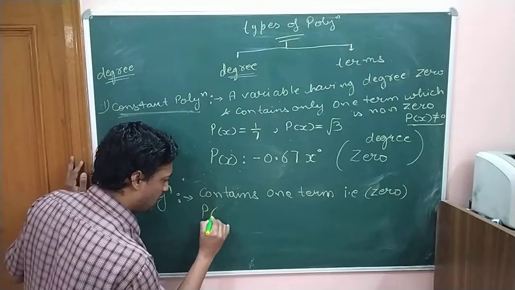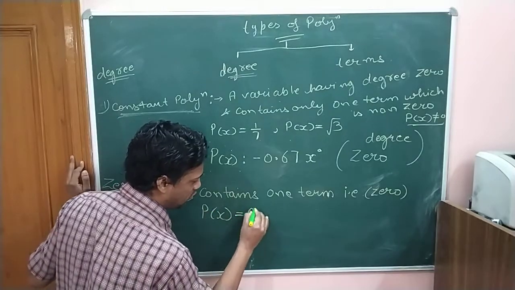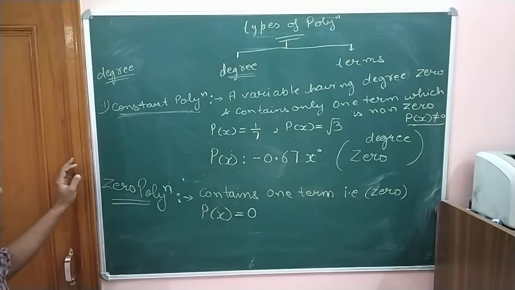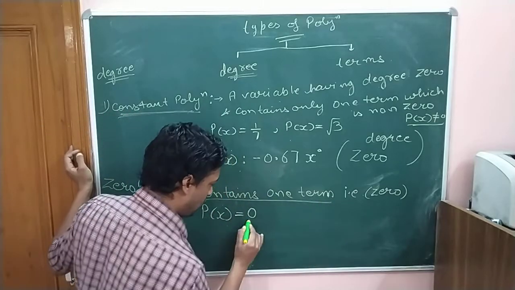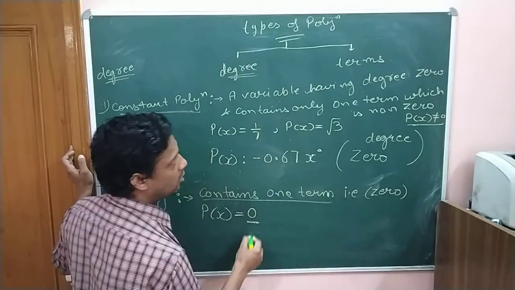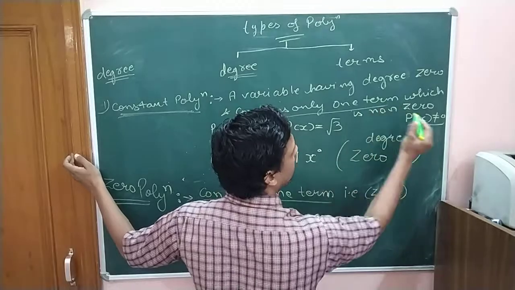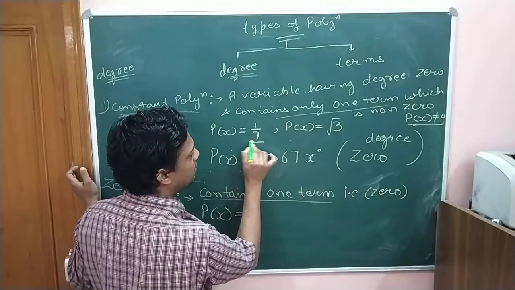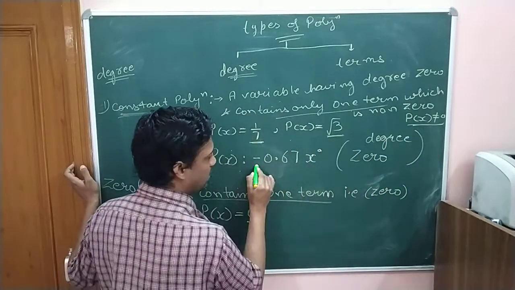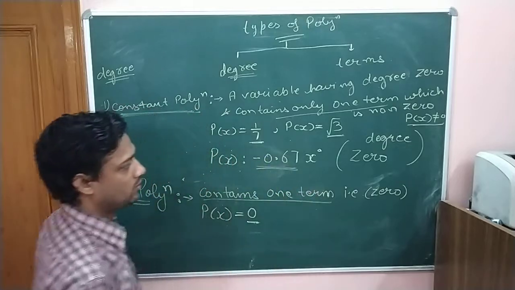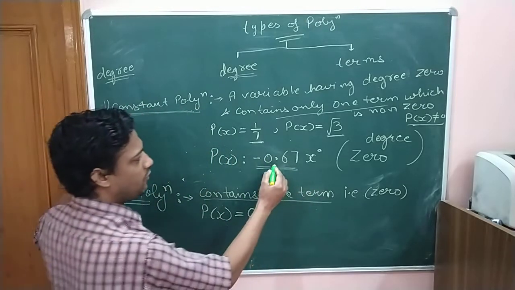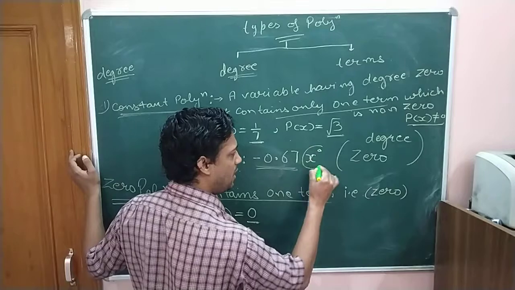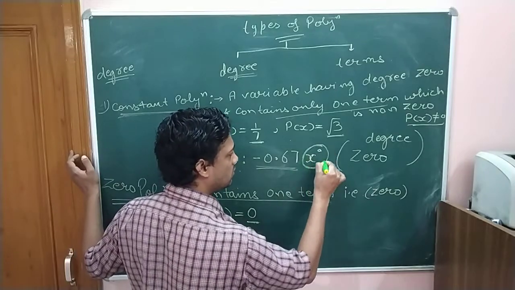There is only one example for this, p(x) equals 0, only one term which is 0. And the constant polynomial has one term that is non-zero, and by default with a constant there is a variable x power 0.